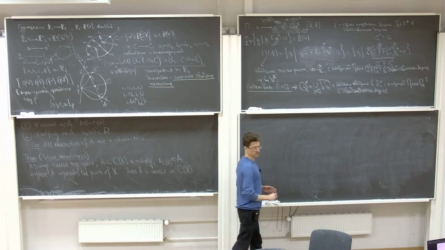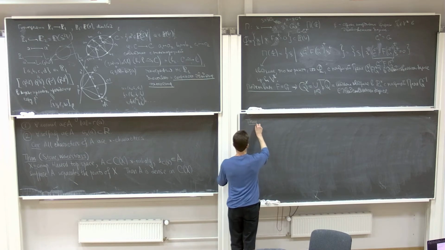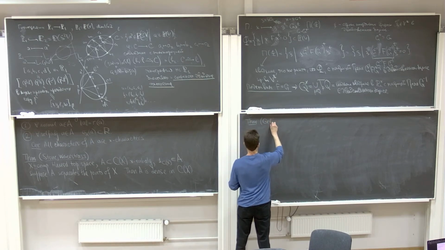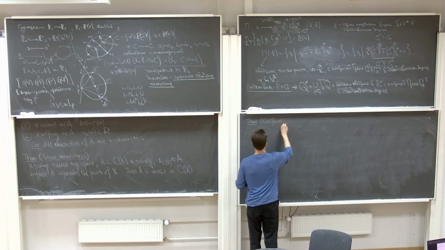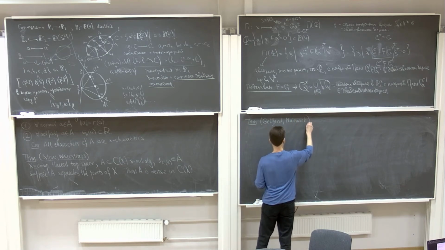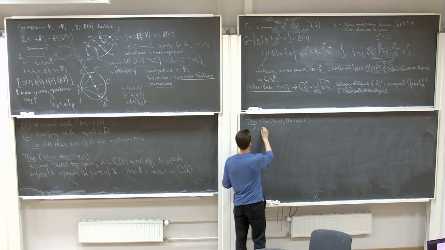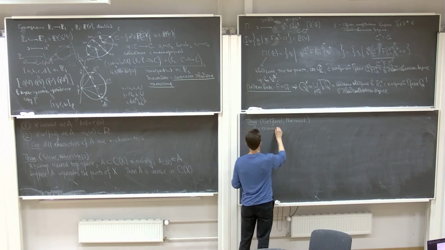Okay, now we can prove the Gelfand-Naimark theorem. Suppose that A is a commutative unital C-star algebra.